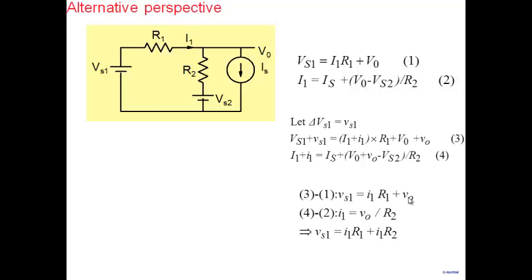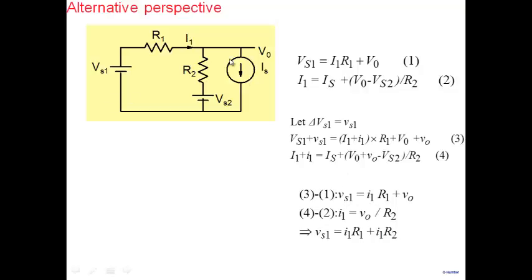vs1 is i1 R1 plus v0. Note the small quantities here. And i1 is v0 by R2, and we can combine them up and say vs1 is i1 R1 plus i1 R2. Now, what is the characteristic of this set of equations? These equations are talking about only changes, only increments. This small vs1 is the increment in Vs1.